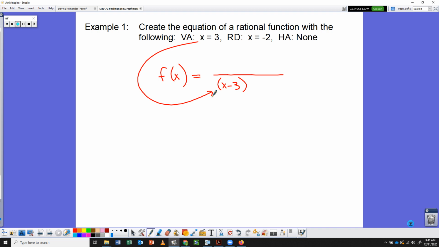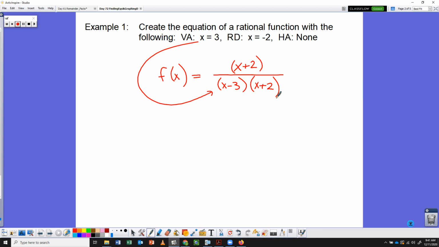Second, removable discontinuities are going to be factors that show up in both the top and the bottom. So if x equals -2 is a removable discontinuity, that means that x plus 2 is going to have to show up in both the top and bottom part of this fraction, because removable discontinuities are factors that reduce. And last but not least, it says I have a horizontal asymptote of none.